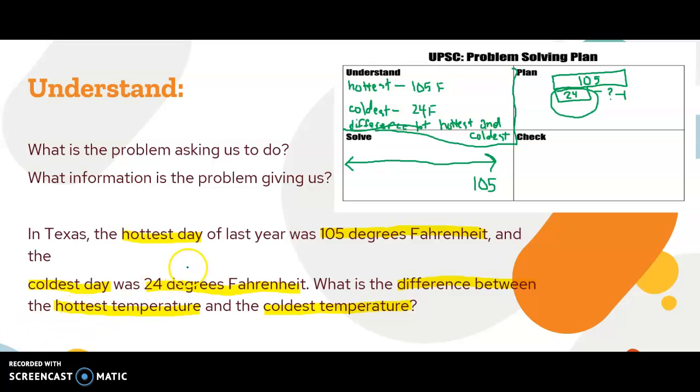Okay, so I am going to count back 10 on my number line, and if I count back 10 on my number line, minus 10, so if I subtract 10 from 105, that would give me 95, okay?